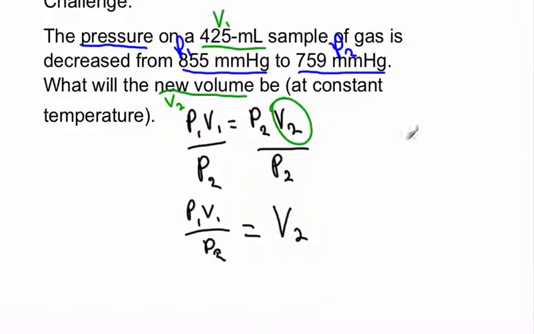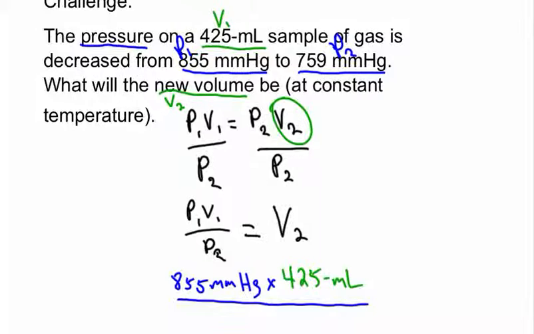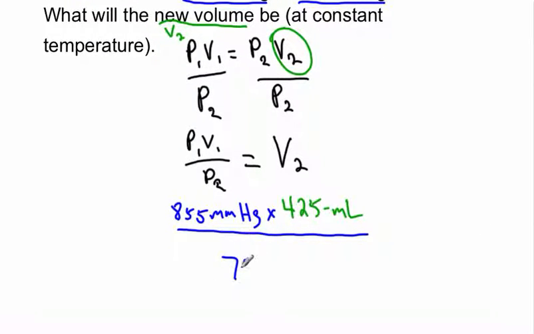Pressure 1 was right here, 855 millimeters of mercury. We're going to times that by V1, which was 425 milliliters, and we're going to divide that by our pressure 2, which is going to be 759 millimeters of mercury. All of this will equal V2.